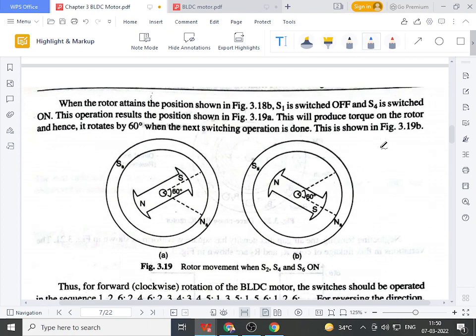So from that you can easily derive or remember this switching sequence. 1, 5 and 6, 1 remains as it is, 6 remains as it is, next one is 2, 1, 2 and 6. Now 1 has been on twice, so definitely now 1 should be turned off, 2 as it is.